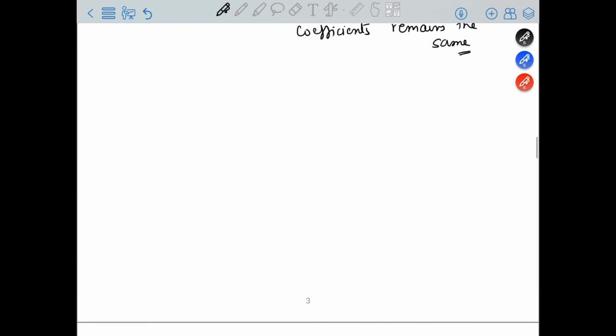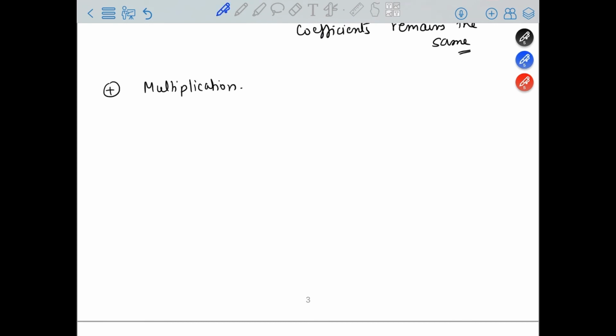Next, we will discuss the property of multiplication. The property says that suppose we have x t and y t, which are both periodic with period T. So, x t has Fourier series coefficients a k and y t has coefficients represented by b k.